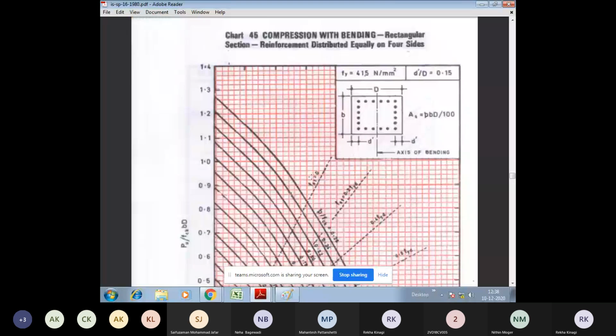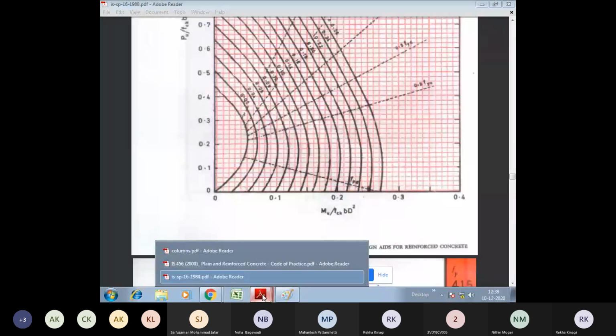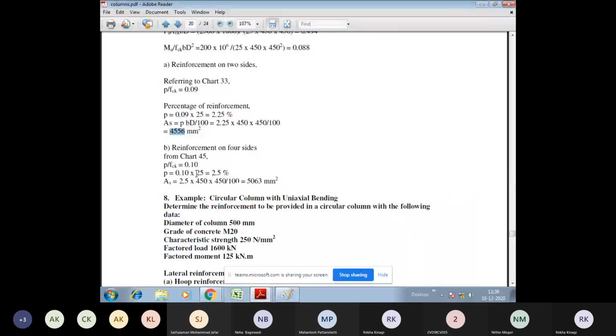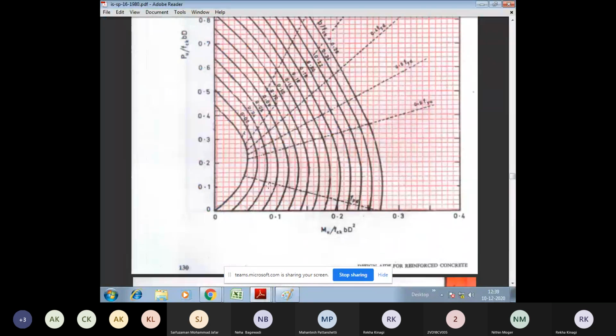Now for this, PU by FCKBD and MU by FCKBD square values are already calculated and we can find out P by FCK. 0.088 is almost here, 0.109, and it is almost 0.5.